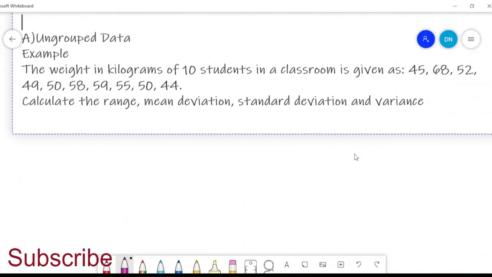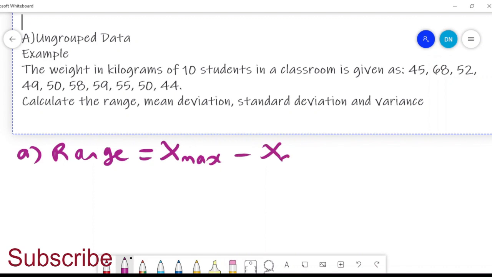We have been given a number of activities to take care of. One of them is the range. The range is the highest value of x minus the lowest value of x. When you look at that data, the highest value is 68 and the lowest value is 44. And that gives us a range of 24.